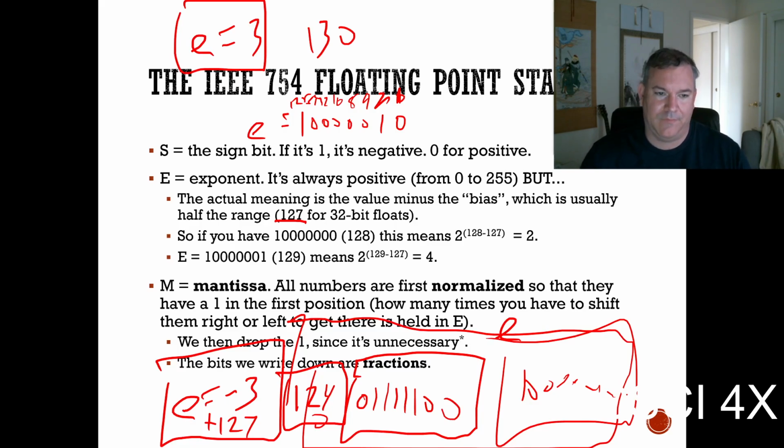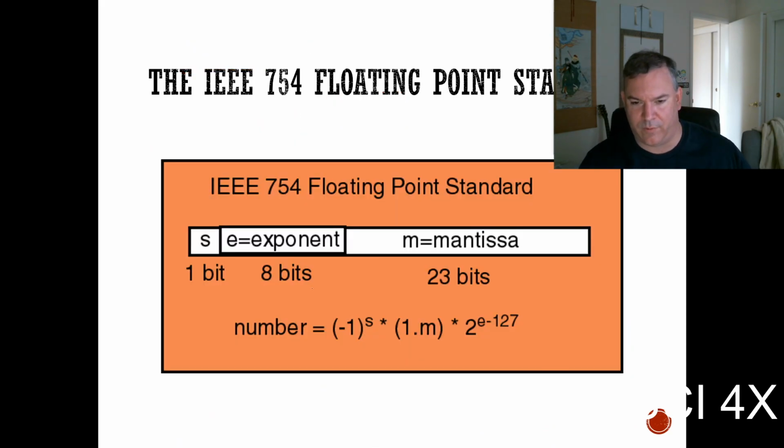Right. So the exponent can only range from negative 128 to positive 127, 128, something like that. The exponent is 8 bits, so 255 minus 127 is 128, so the highest value can be 128.